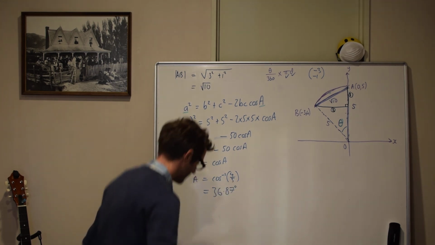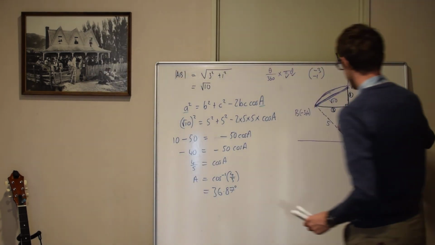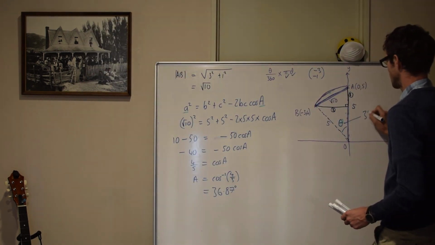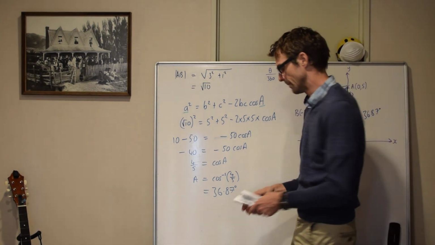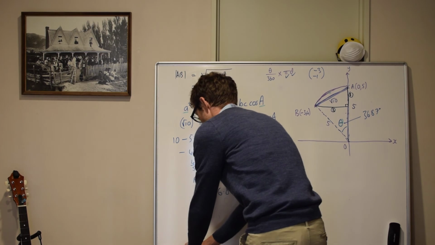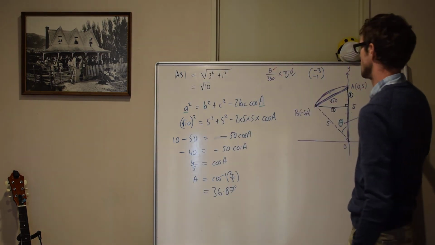Make sure your calculator is set to degrees. Okay, so we now know what this angle is here. This angle is 36.87, or probably better to save your unrounded number in the calculator. Now the final step is to work out the arc length. We now have everything we need.